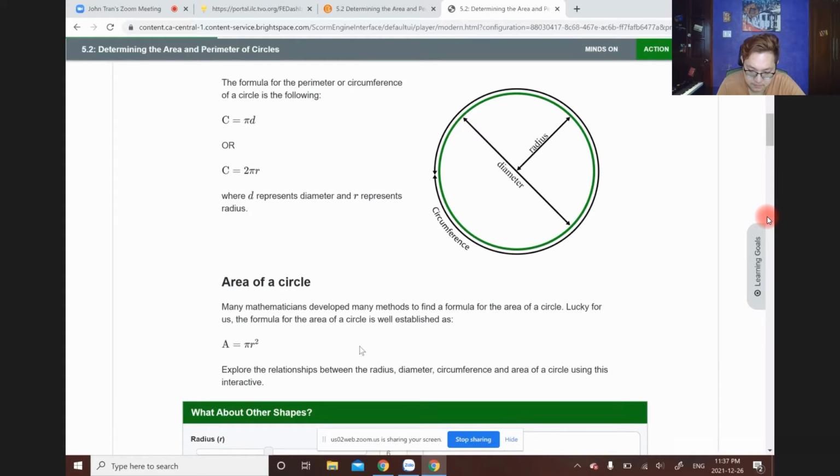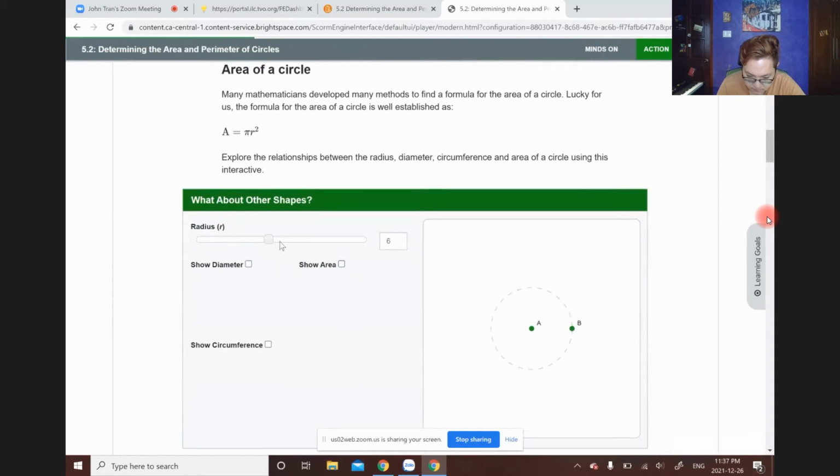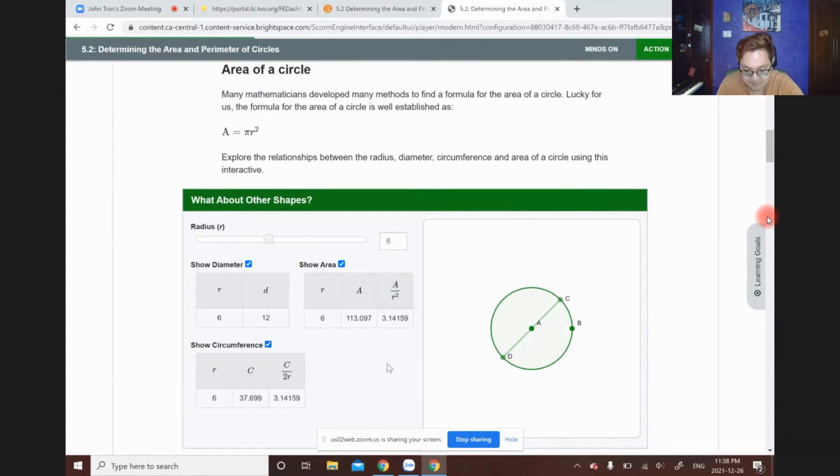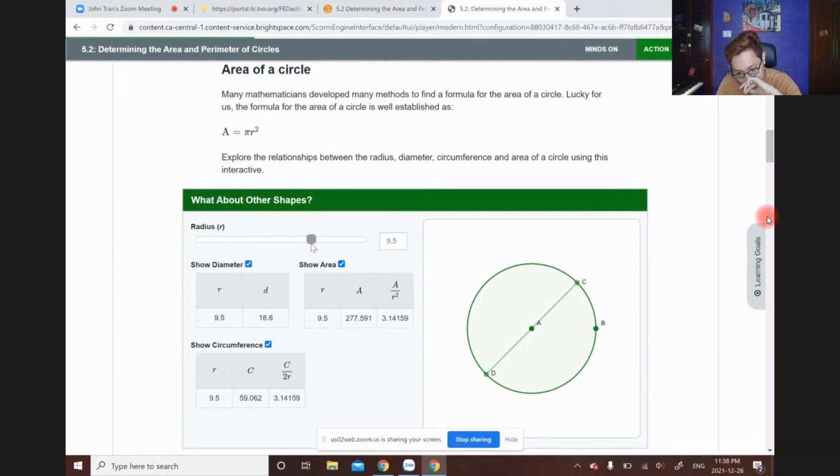Explore the relationship between the radius, diameter, circumference, and area of a circle using this interactive. Radius.